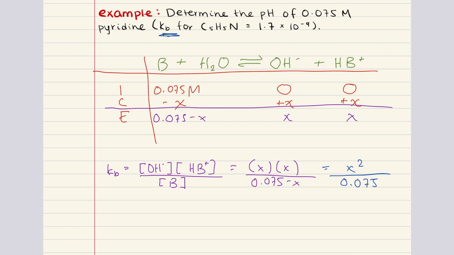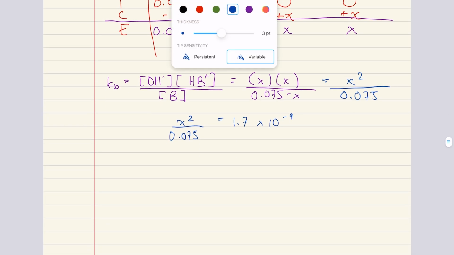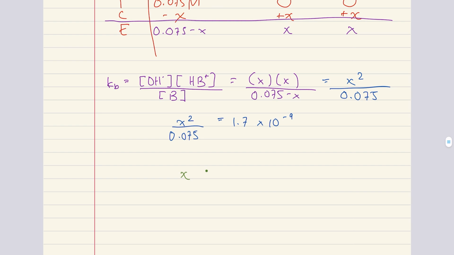Now here, we want to plug in what we know for Kb and rearrange this equation to solve for X. We're given Kb, so X squared over 0.075 is equal to 1.7 times 10 to the minus 9. Then we can rearrange this equation to solve for X. X is going to be equal to the square root of 1.7 times 10 to the minus 9 multiplied by 0.075.